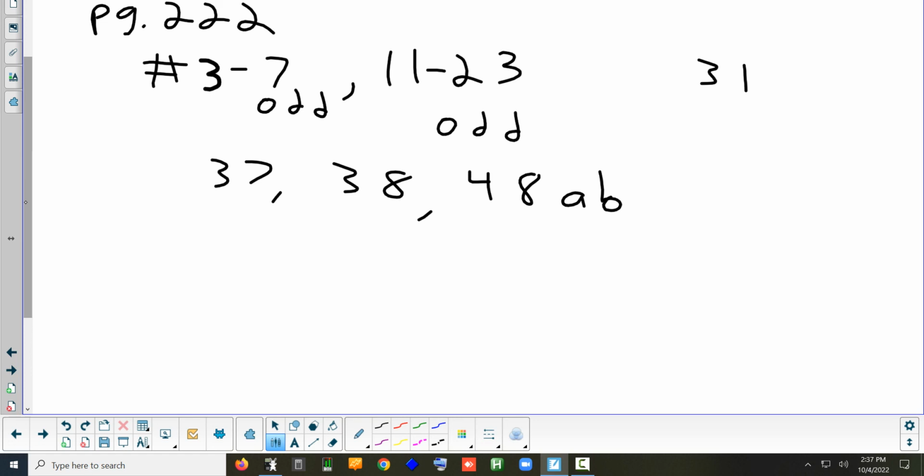Just make sure you copy down 3 through 7 and 11 to 23. Those are odds. And question 48, I think it has 3 or 4 parts to it. You just have to do part A and B. And we'll go over that tomorrow.